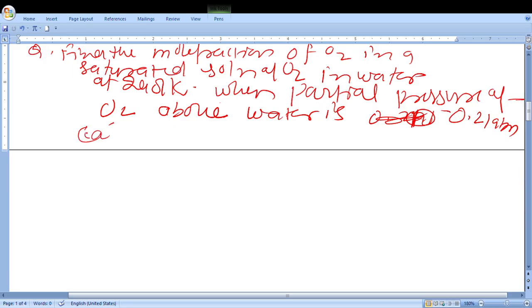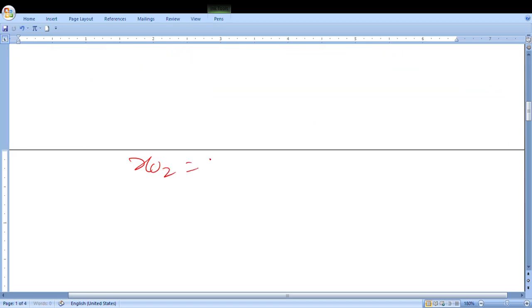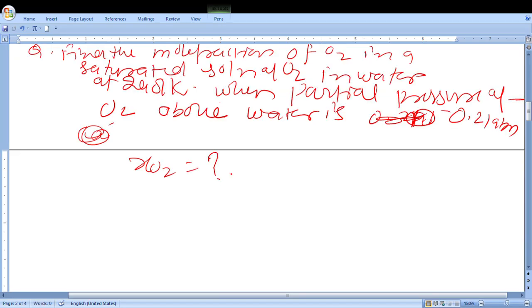Calculate, and we have already written that find the mole fraction of water. You need to calculate mole fraction of oxygen here, and it has the value of Kh 2.3 into 10 to the power 5 atm.